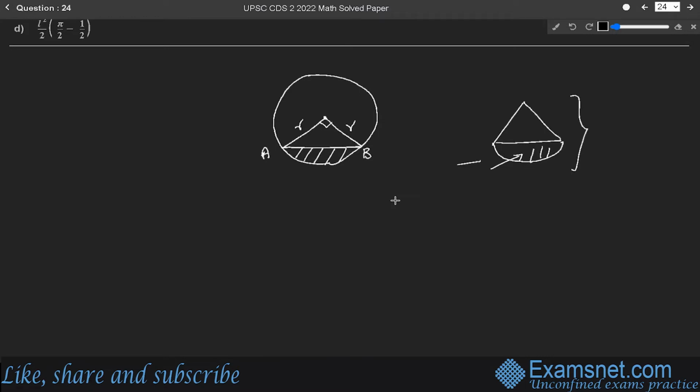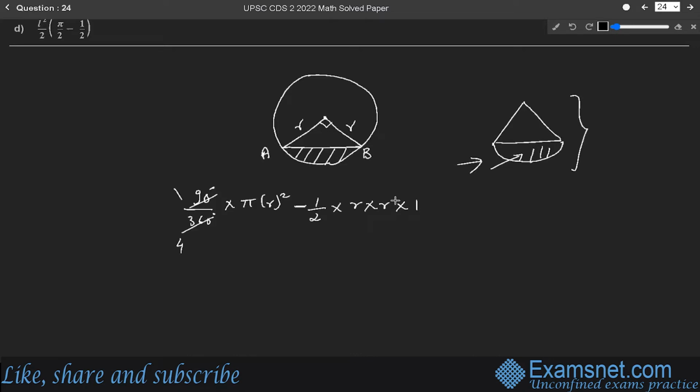Area for this whole sector will be 90 degree upon 360 degree into pi r square, minus the area for triangle. The area for triangle will be 1 by 2 into r into r, by the formula half into AB sine theta. Here theta is 90 degree, so sine is 1. Now further solving this will be 1 by 4.